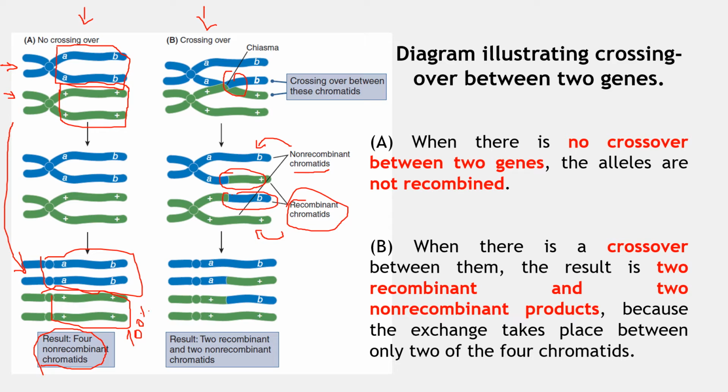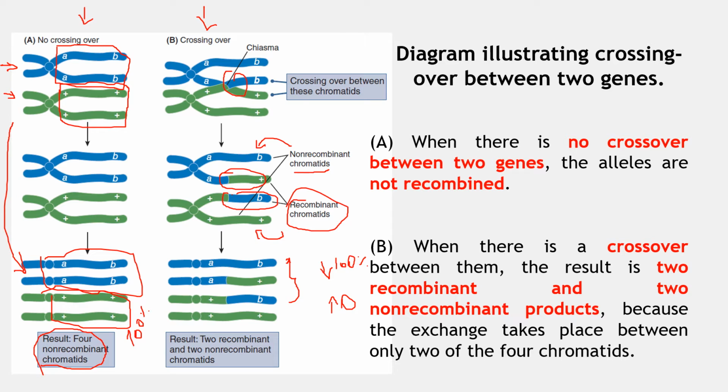So in conclusion, you will have a different proportion. The parentals will be lower than 100%, and the recombinants will be higher than 0. In the non-crossover, the recombinants were 0. Here the recombinants will actually appear.